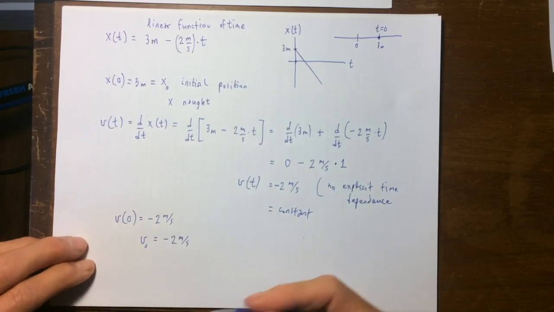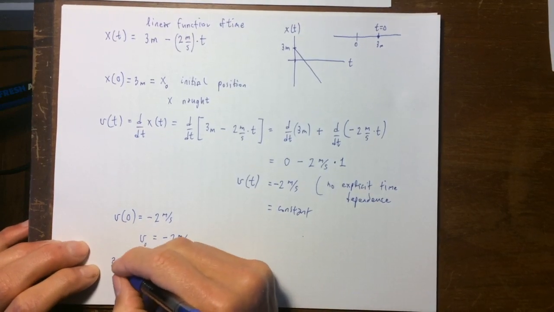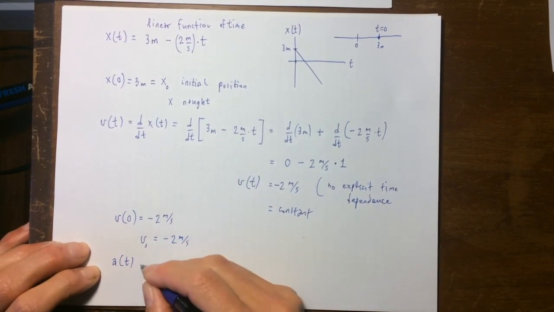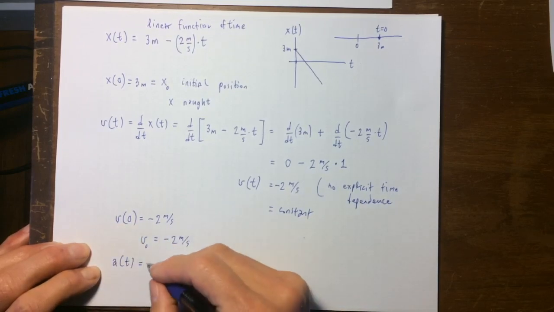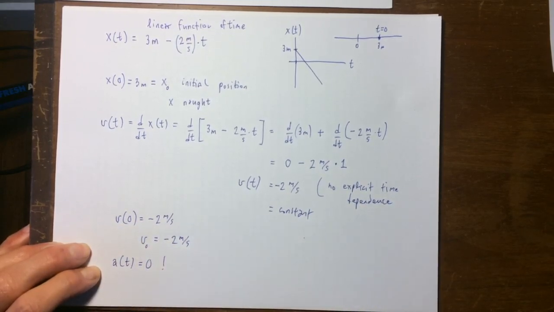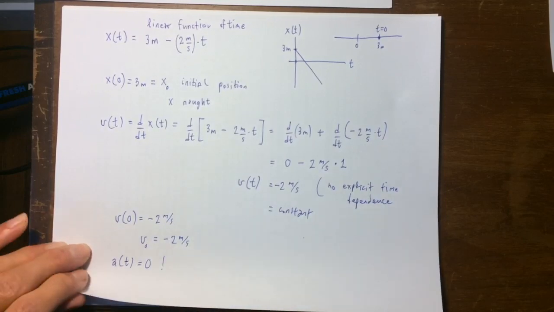Very quickly, to finish this example, it's kind of obvious, but can you see that a of t, which is the time derivative of this function right here, is 0?